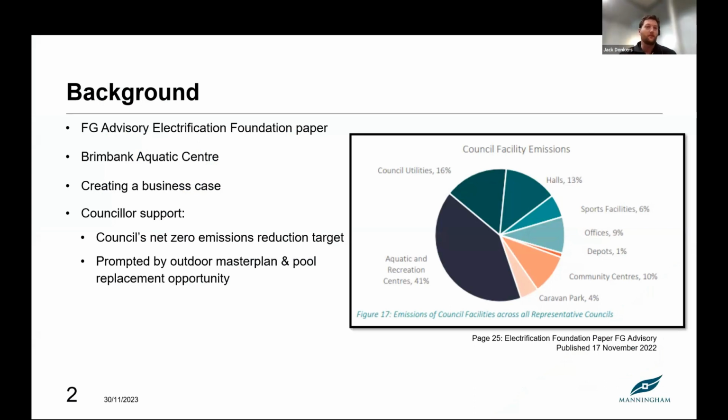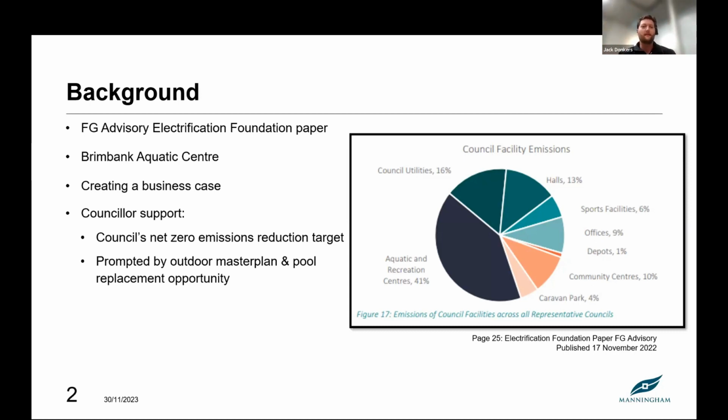But the really big thing was the FG Advisory Electrification Foundation paper, which showed that across multiple councils, one of the absolute major emitters was the aquatic and recreation centres. And when we did our own investigations into our billing, we came to the same conclusion.